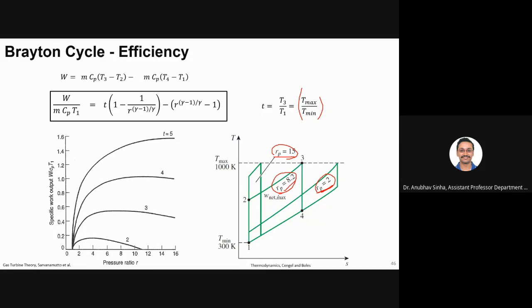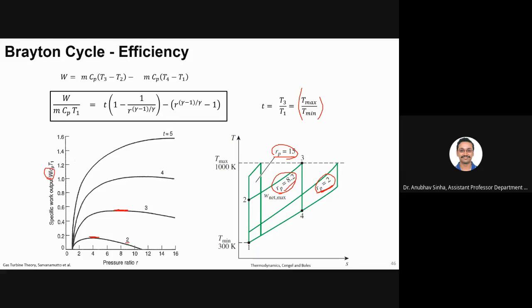So basically, there is some optimum value. Okay, this is what we see here. For example, in this curve for T2, a maximum is achieved. If you have a very low pressure ratio or a very high pressure ratio, your work output decreases, and there is some maximum which we should try to achieve.